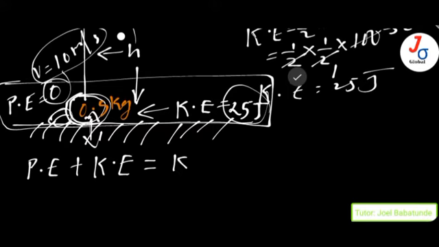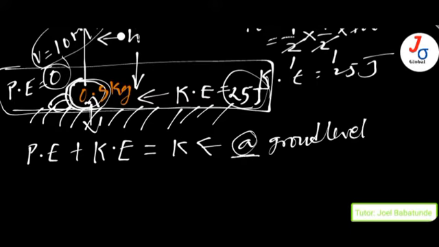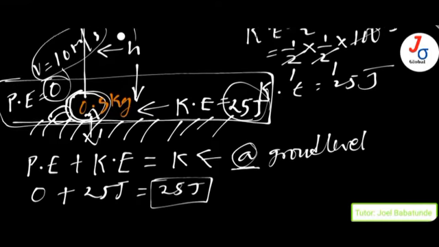So you have to look for that level where you have both your potential energy and your kinetic energy. So potential energy 0 plus kinetic energy 25 joules equals 25 joules. That means the constant that we're looking at is 25 joules.